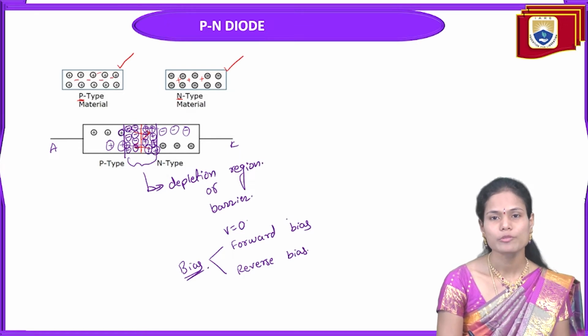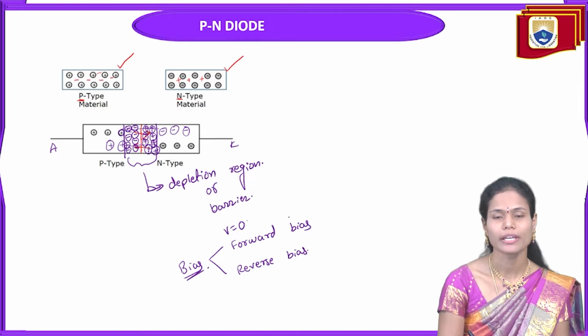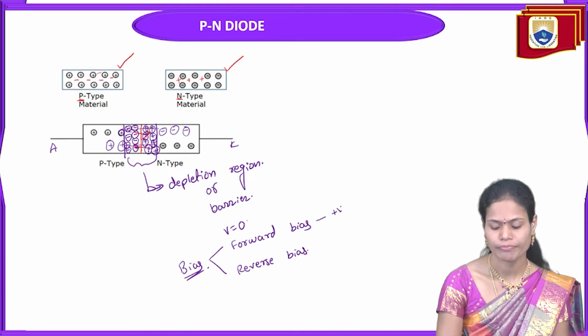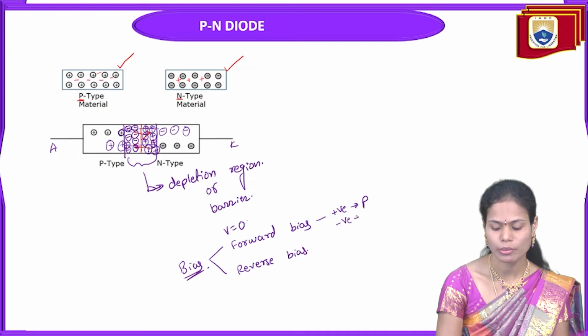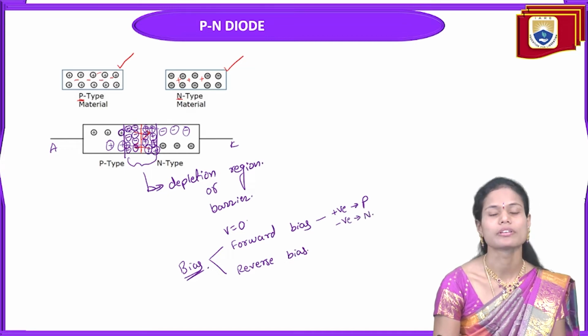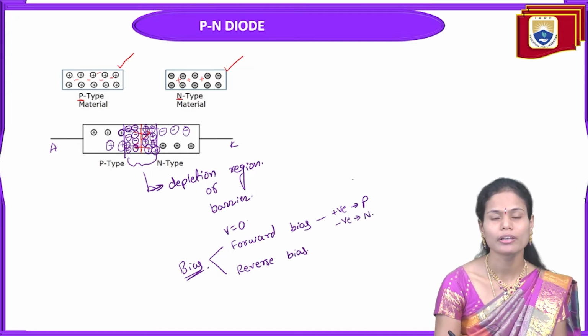So what is meant by forward bias and what is meant by reverse bias? In the case of forward bias, the positive terminal of the battery is connected to the P side and the negative terminal of the battery is connected to the N side. If we connect the same polarity of the battery to the same material type, we say it is in the forward bias condition.